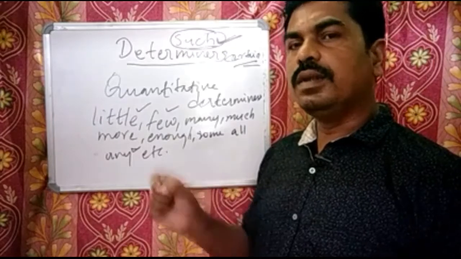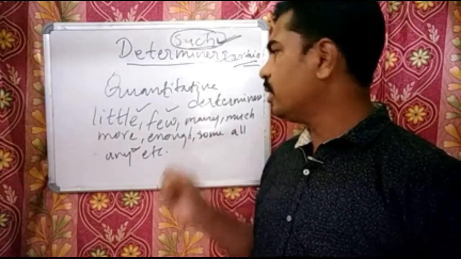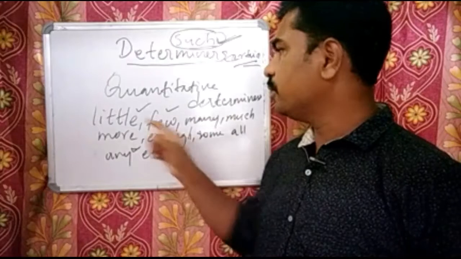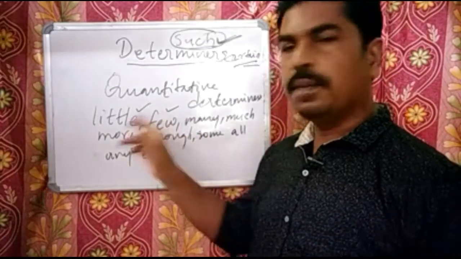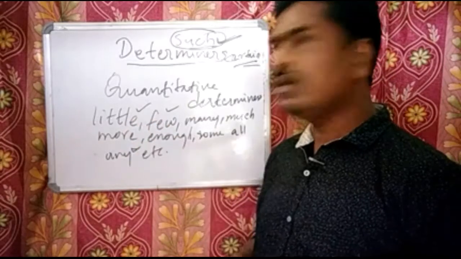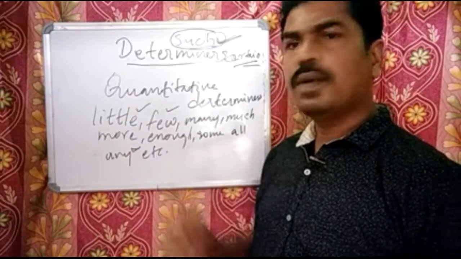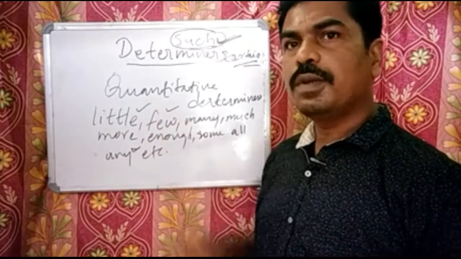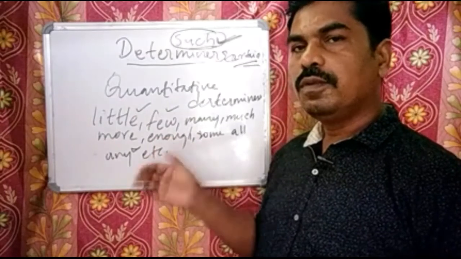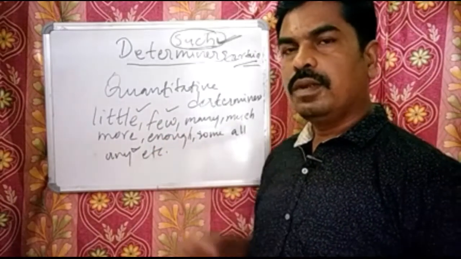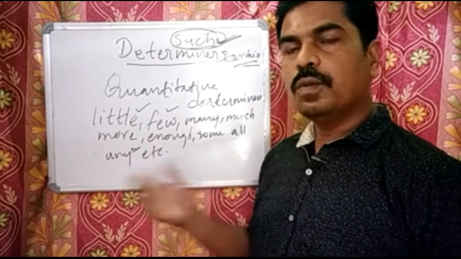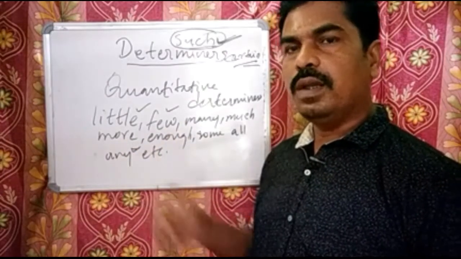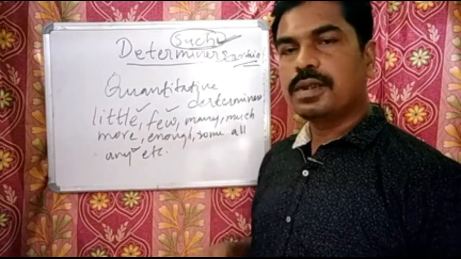We have little, a little, the little. Then we have few, a few, the few. Both are used to talk about very less quantity, and little talks about uncountable and few talks about countable. Few mangoes, little water, little oil, little happiness.